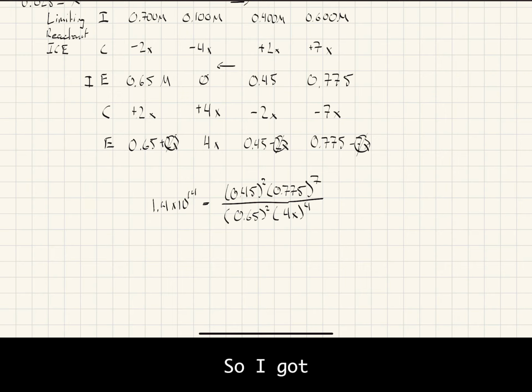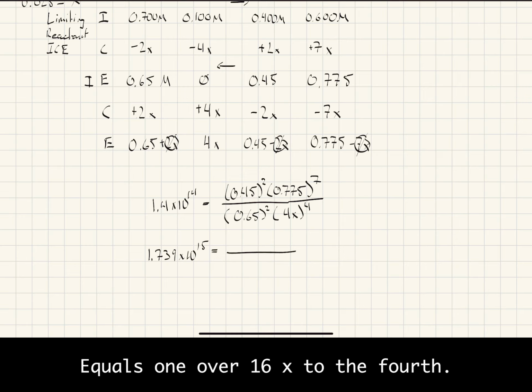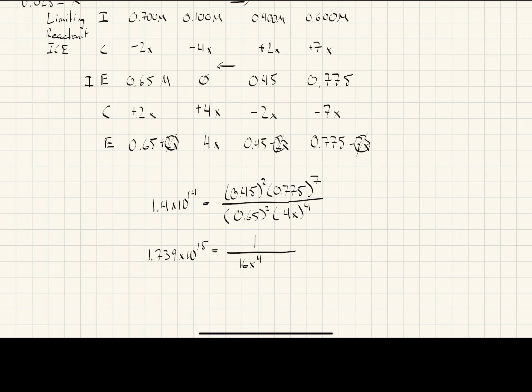So I got 1.739 times 10 to the 15 equals 1 over 16x to the fourth. So I need to swap those.